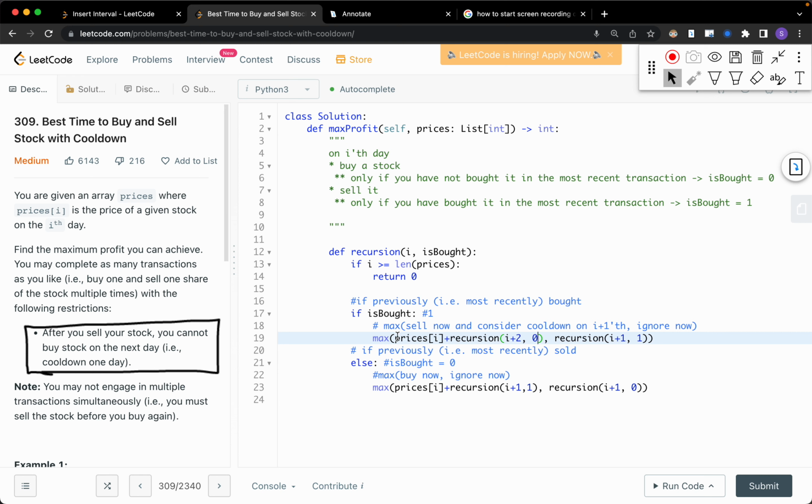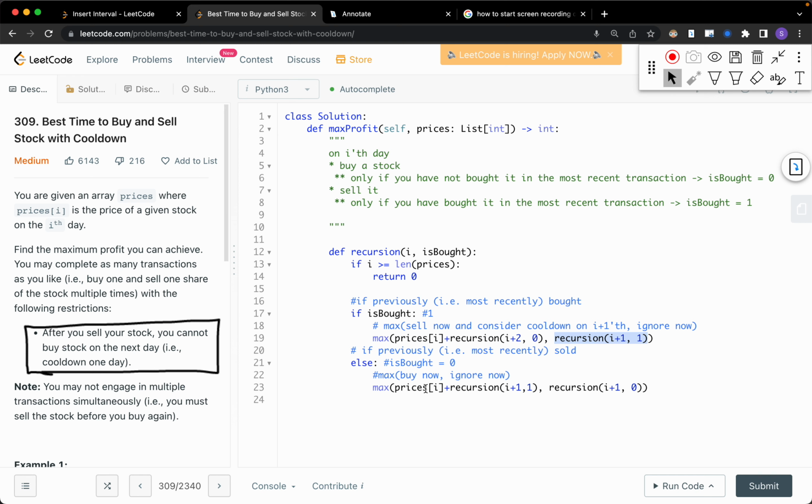That is the condition we are taking here as prices of I plus recursion of I plus 2 comma 0. And if we are doing recursion of I plus 1 comma 1, that means we are ignoring the current day and carrying forward the state where buying was our most recent transaction.